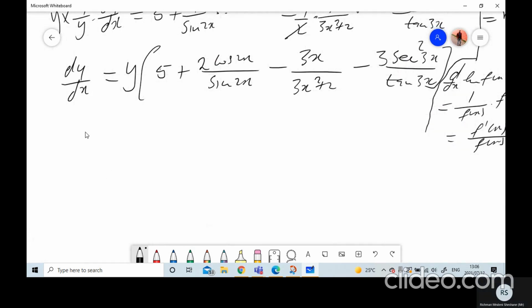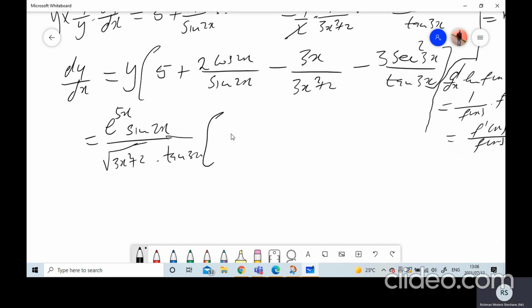If you check, y is e to the 5x sine 2x over square root of 3x squared plus 2 times tan 3x. This is my function y. I substitute here y equals it, multiplied by 5 plus 2 cot 2x, and there's no mark for this.